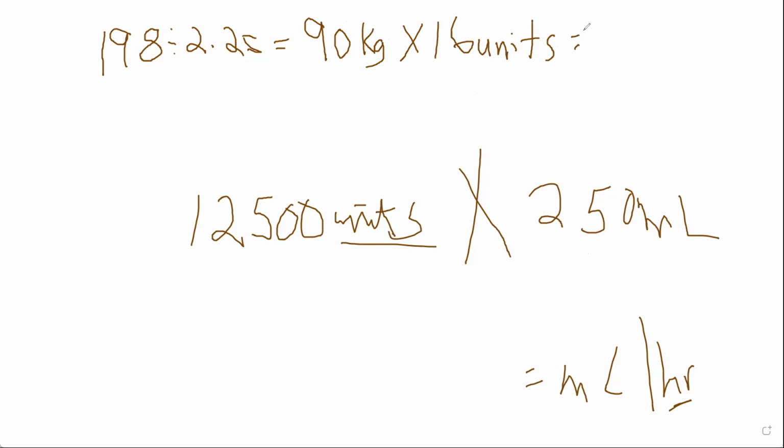So 90 times 16 gives us 1440 units. And that's units per hour. Again, units here will cross out.